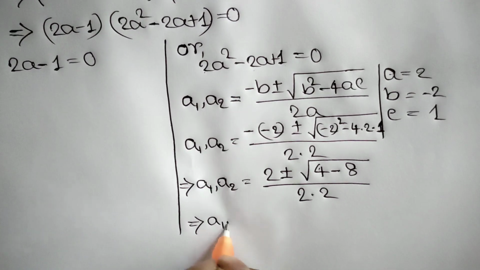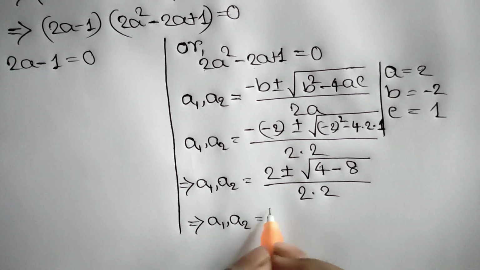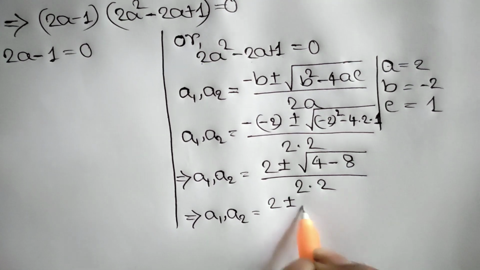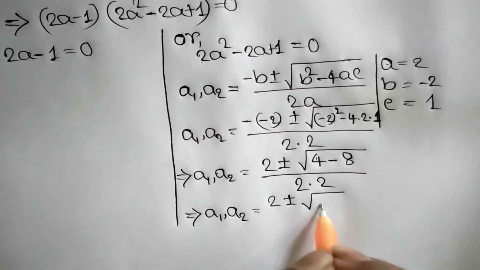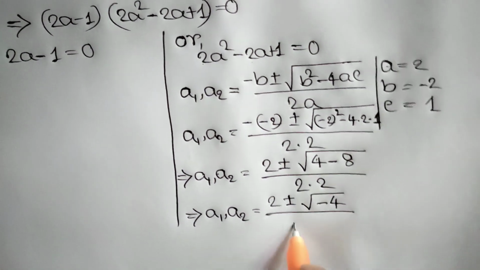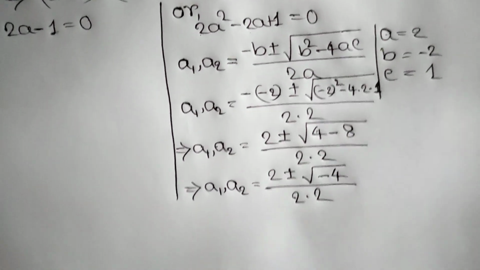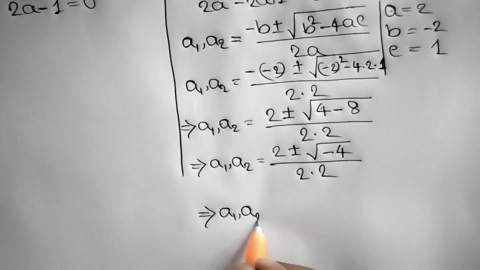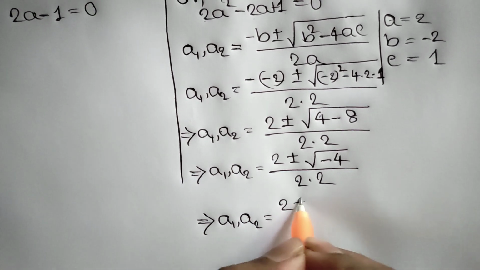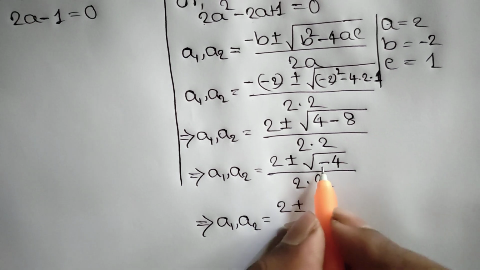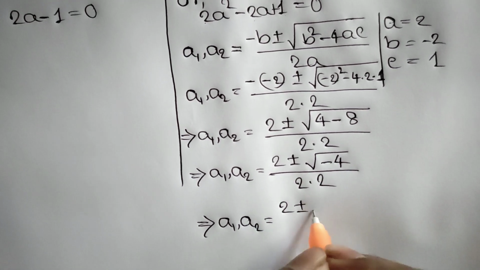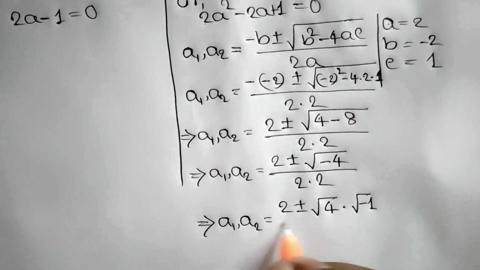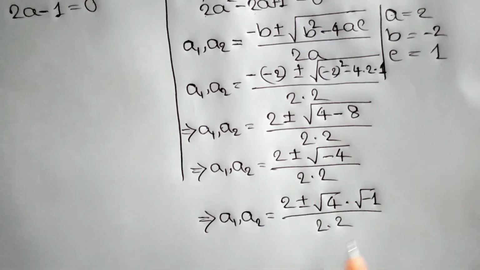Or a1 comma a2 is equal to 2 plus or minus square root of 4 minus 8, that means minus 4, over 2 times 2. Or a1 comma a2 is equal to 2 plus or minus square root of negative 4, we can write square root of 4 times square root of negative 1, over 2 times 2.